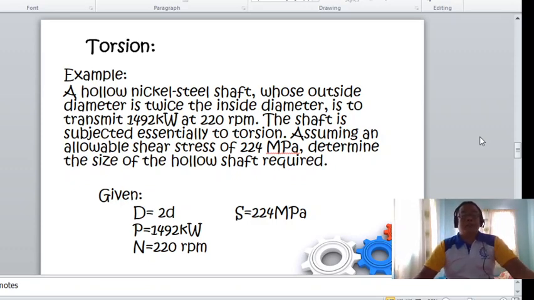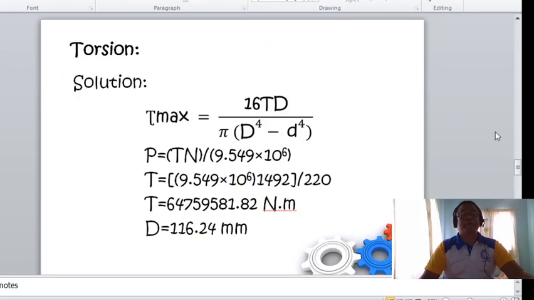Assuming an allowable shear stress of 224 megapascals, determine the size of the hollow shaft required. So, given D is equal to 2d, P is 1,492 kilowatts, N is 2,200, and the stress is 224 megapascals. So, that is the allowable shearing stress.